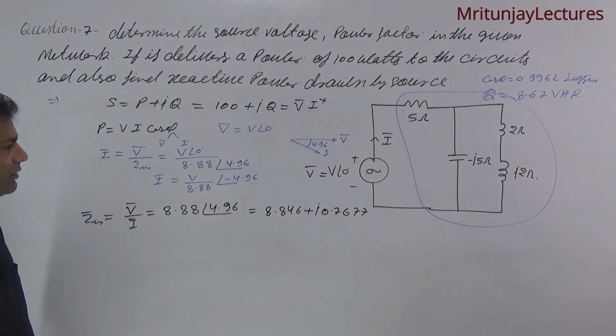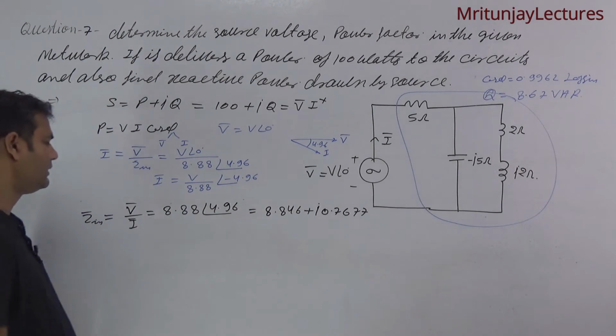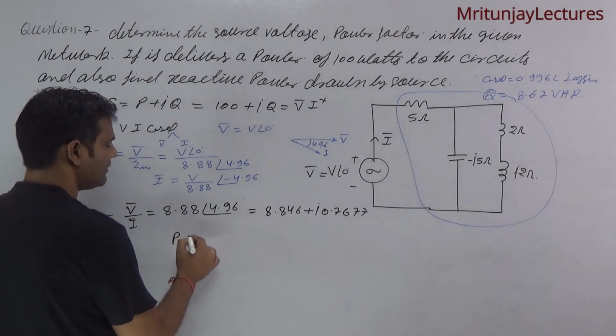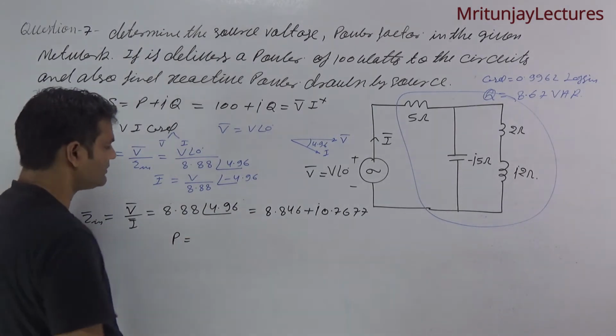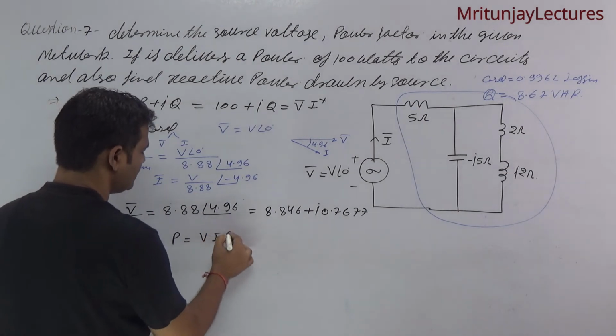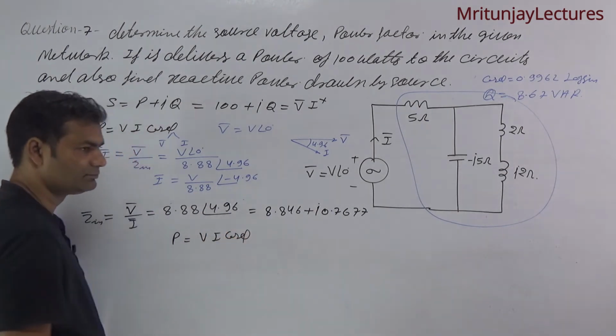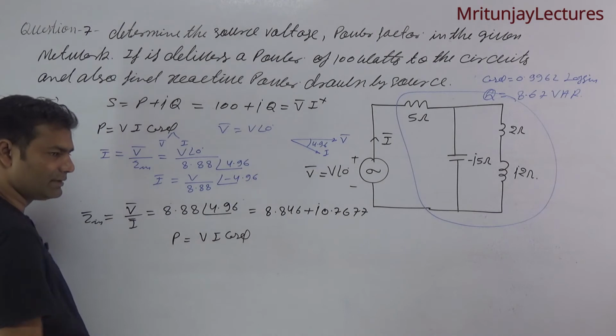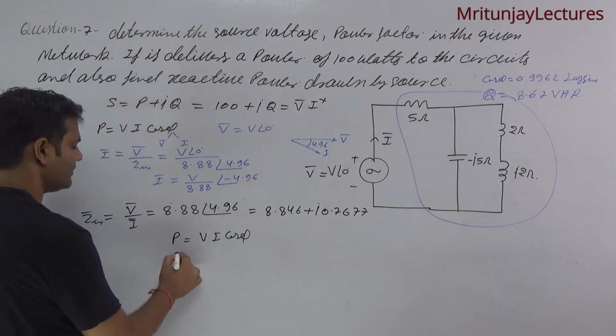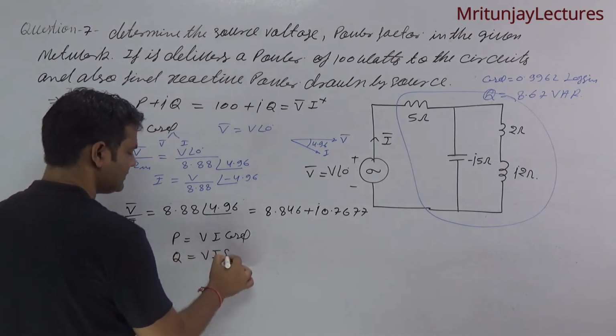Okay, now corresponding to the question, what about P? P is equal to VI cos phi. And what about Q? That is VI sin phi.